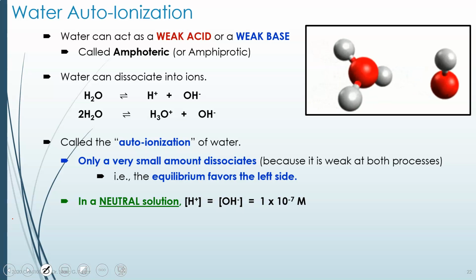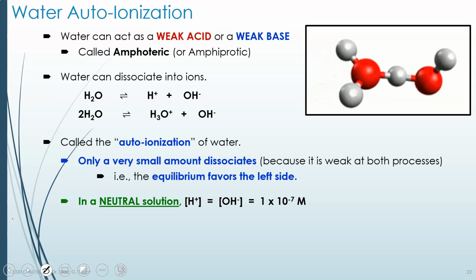And in fact, when they're both equal at normal temperature, about 25 degrees centigrade, that concentration will be 1 × 10⁻⁷ molar. In other words, about 1/10 of a millionth of a molar of the water at any one time will be ionized. And both of these concentrations will be exactly the same.